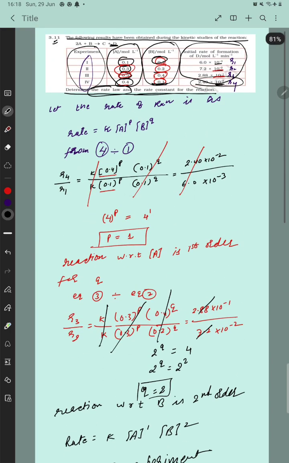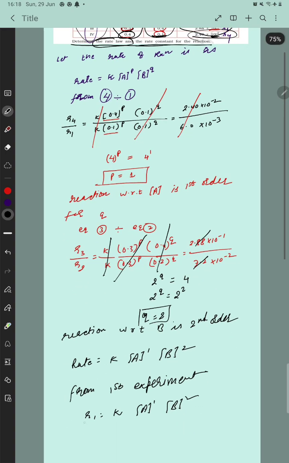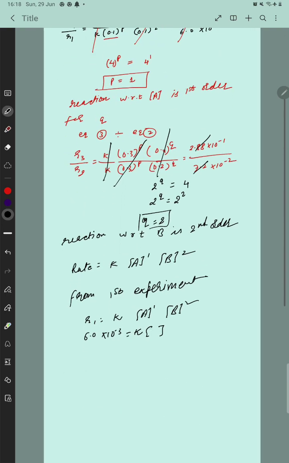R1 is given as 6.0 into 10 power minus 3, equal to K. The A concentration is 0.1 and B concentration is 0.1, so 0.1 power 1 and 0.1 power 2.